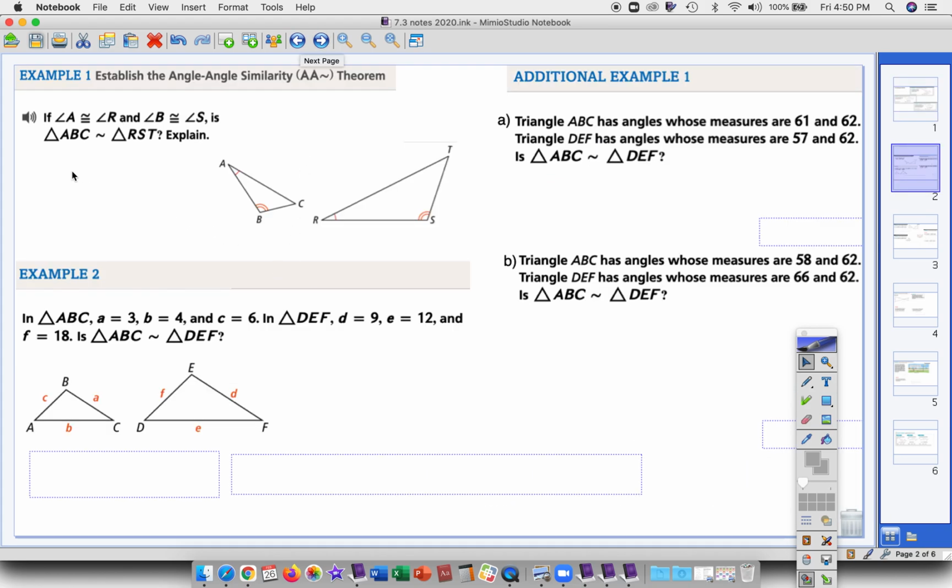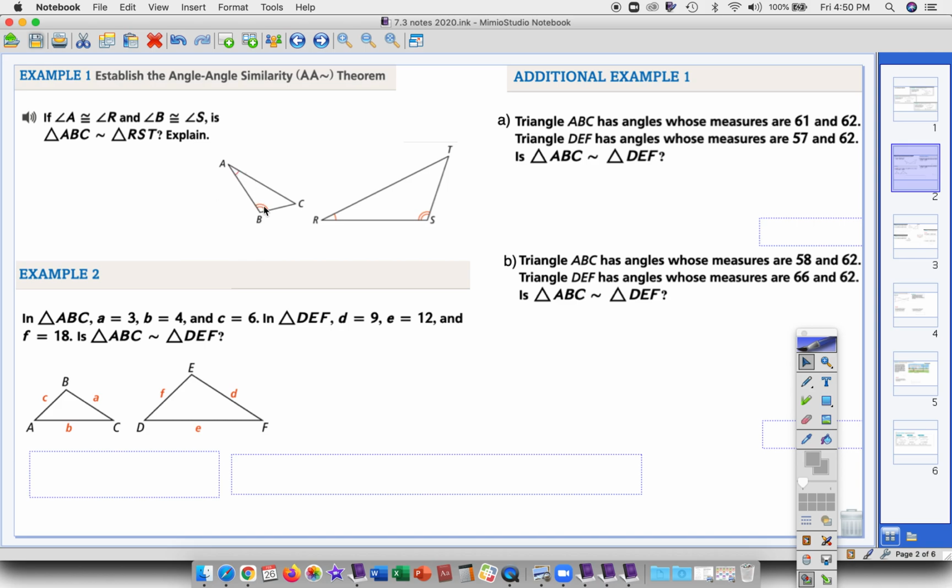In example 1, if angle A is congruent to angle R, you can see the markings, and B is congruent to S, are the triangles similar? Explain. By AA, we can say that they are similar, because from our triangle sum theorem, we know that there is a fixed sum of 180 degrees for any triangle.